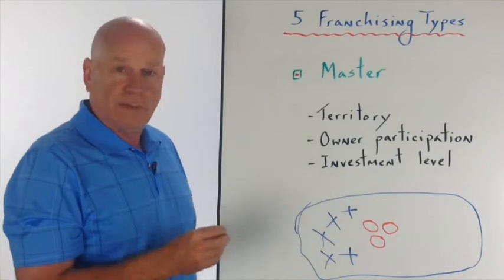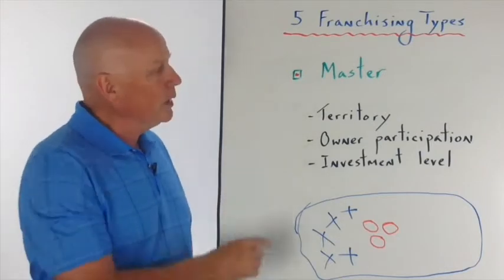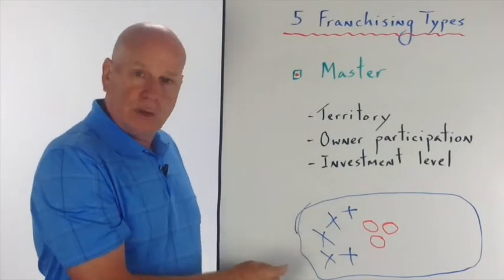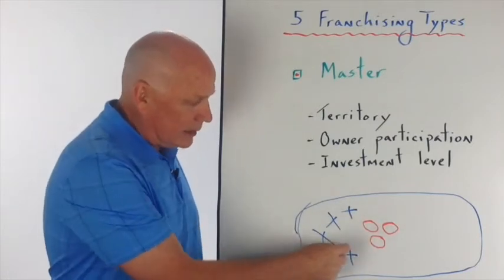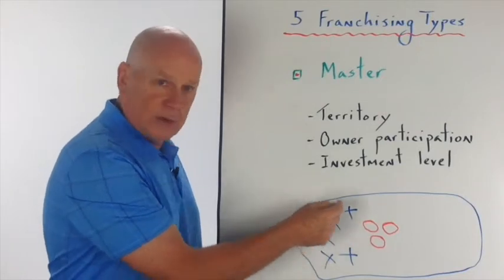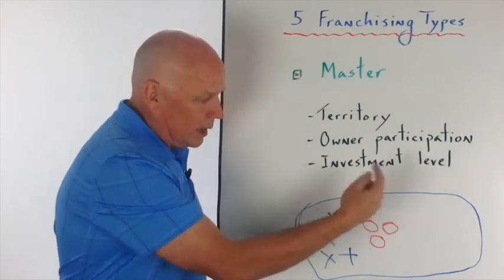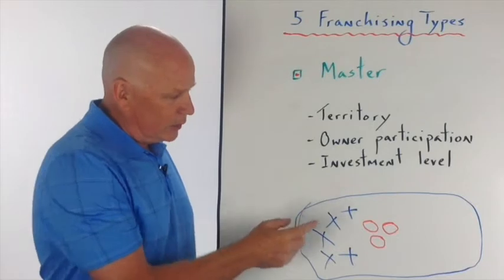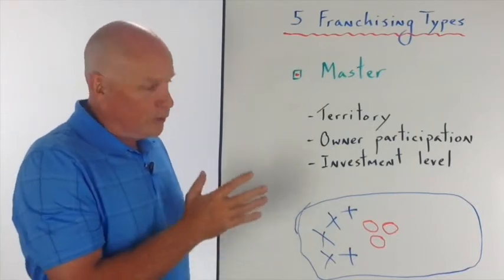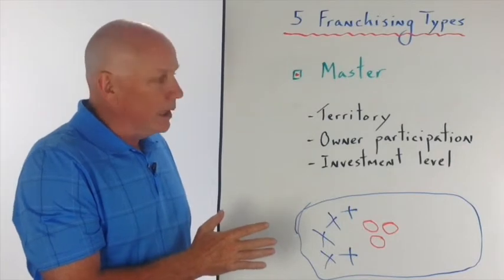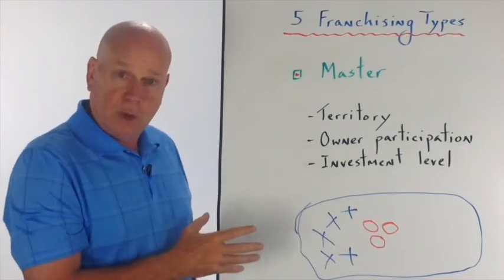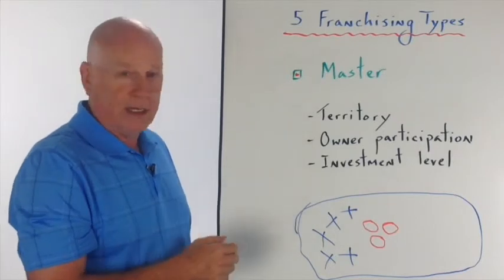And again, the main difference between a master and a regional is the master franchisee, once they buy the rights, they're going to turn around and enter into direct contractual licensing arrangements with each of the franchisees who buy and operate a franchise in their geographic area, unlike the regional representative who simply supports the franchisees in exchange for a percentage of the royalties and the franchise fees.